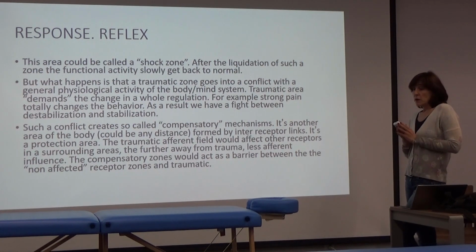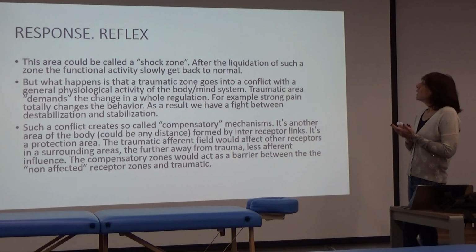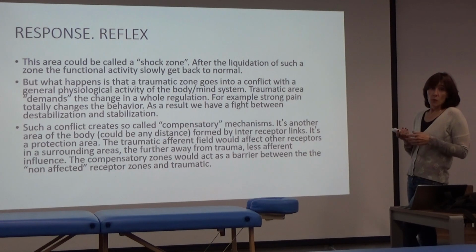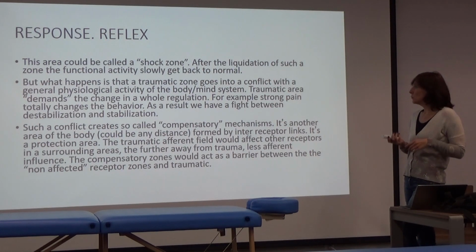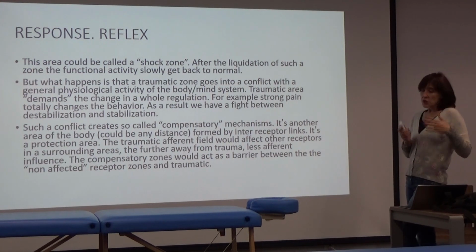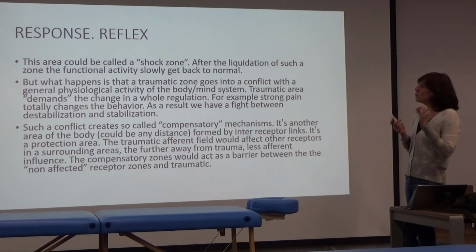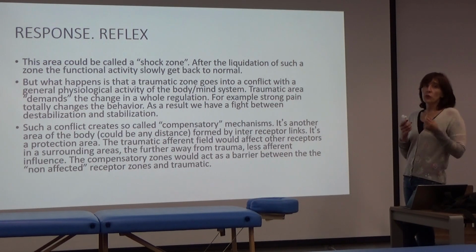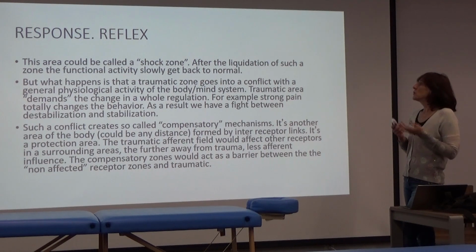Then we could have another situation when we have a traumatic zone, a trauma. It could be surgery, it could be a broken bone, it could be anything. And then this kind of damage would alter the normal reflex activity and will go into conflict with the general physiological activity of the body.